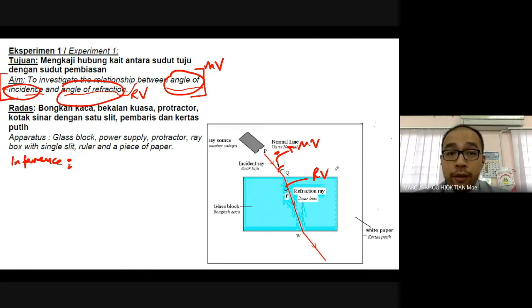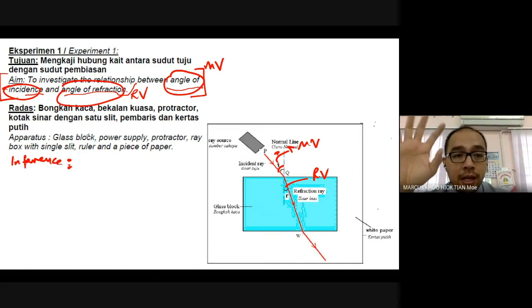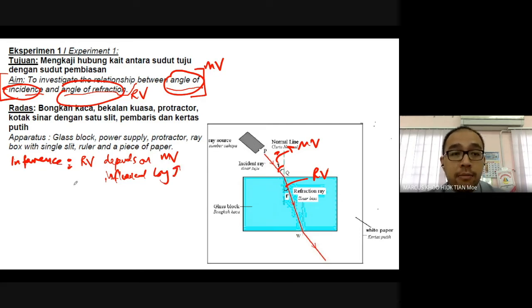So how do we write the inference? Let's recap. The template for writing an inference is: the responding variable depends on the manipulated variable. Or if you want to use Bernardine's words, it is influenced by the manipulated variable. It's the same thing.